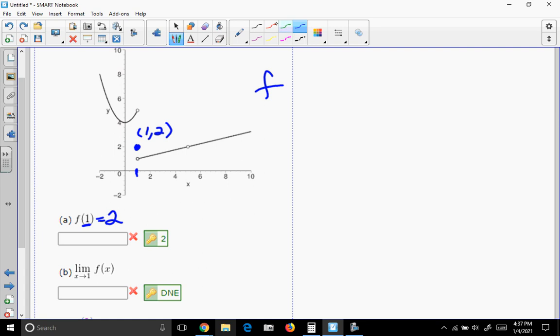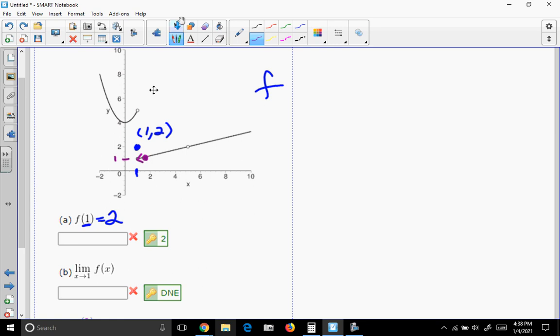Then the next part asks us, what is the limit as x approaches 1? So let's approach 1. Let's start to the right side of 1. If we let this point get closer and closer to an x value of 1, then we're approaching that point, which has a y value of 1.